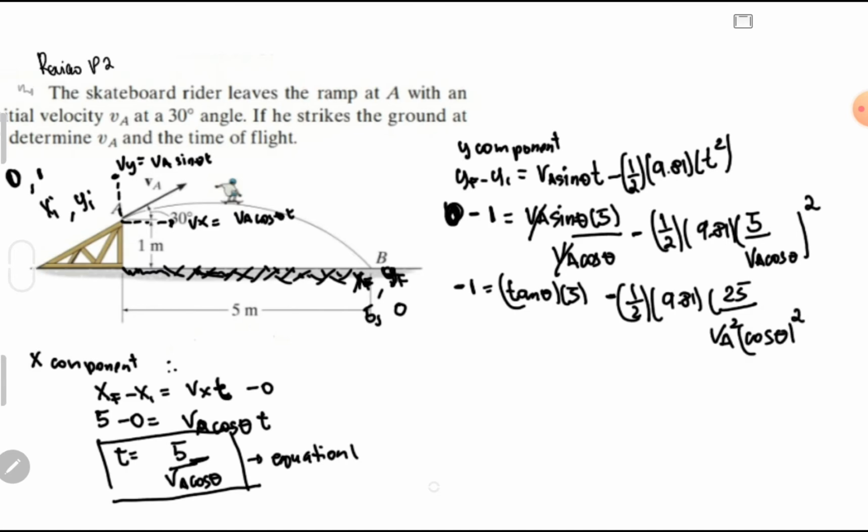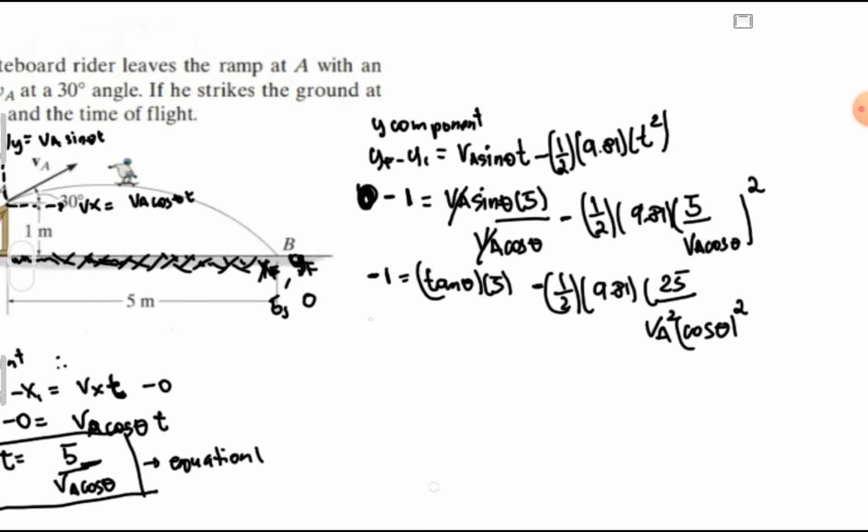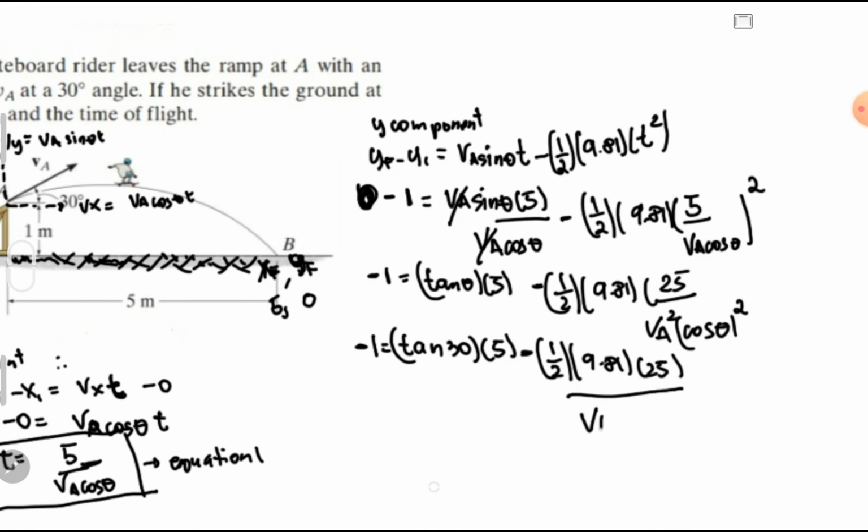Okay, note that your theta was given as 30 degrees. So we have negative 1 equals tan 30 multiplied by 5 less 1 half multiplied by 9.81 multiplied by 25 divided by your va squared multiplied by cosine 30 squared.